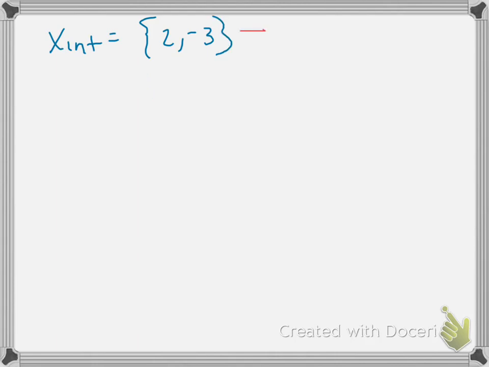Whenever you see a bracket, it means a set. So we want a set of x-intercepts. In this case, they're telling us these are x-intercepts, like (2, 0), and the other one is (-3, 0). Okay, those are my points.